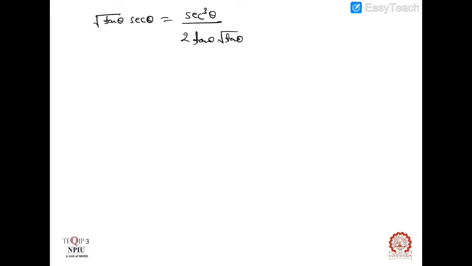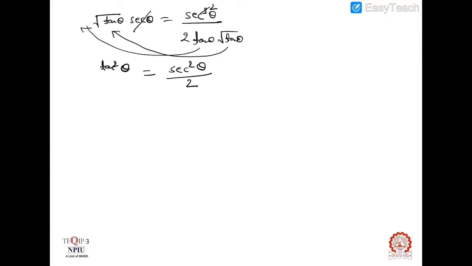Now transfer this root over tan theta here and tan theta also, then it will become tan square theta is equal to, and this will cancel out, sec square theta divided by 2.